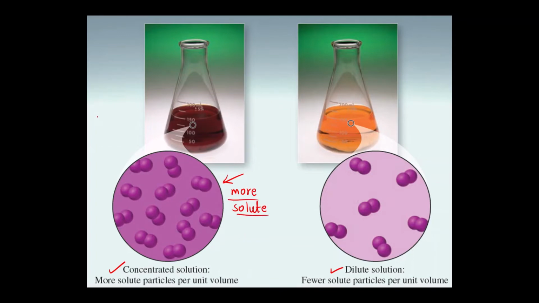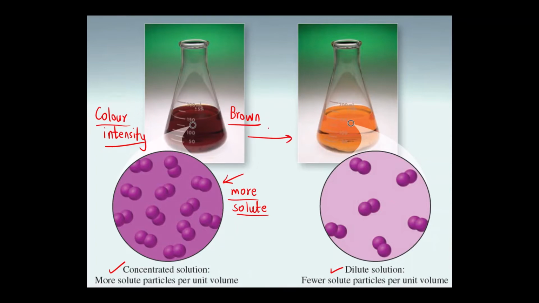Another way of identifying a concentrated solution is its color intensity. A darker color means it is a concentrated solution. As you can see here, it is a brown colored solution, which means it is concentrated.